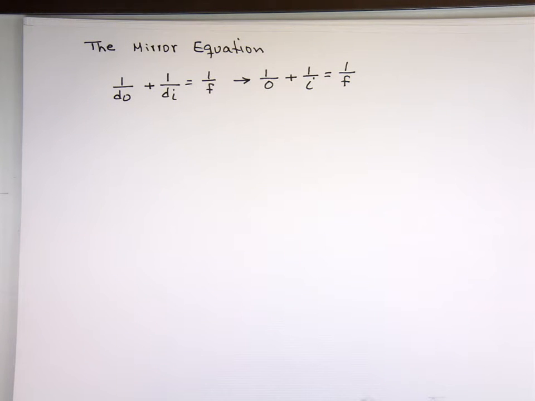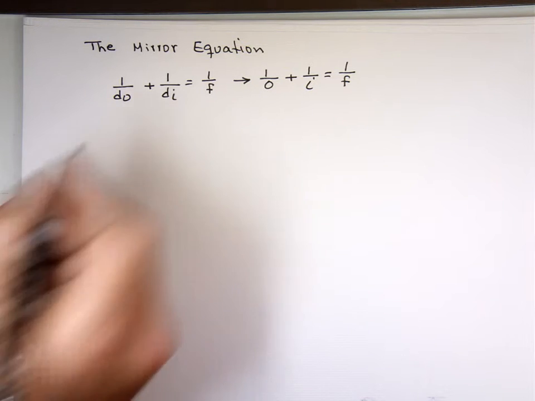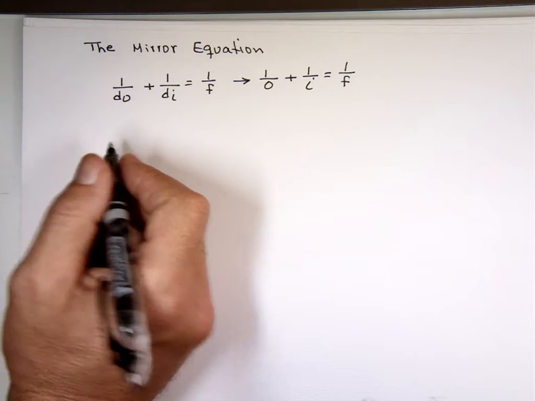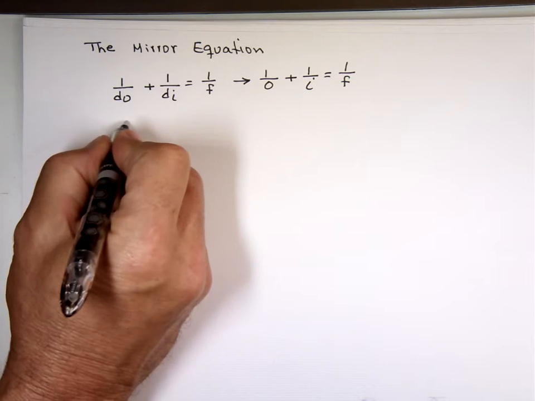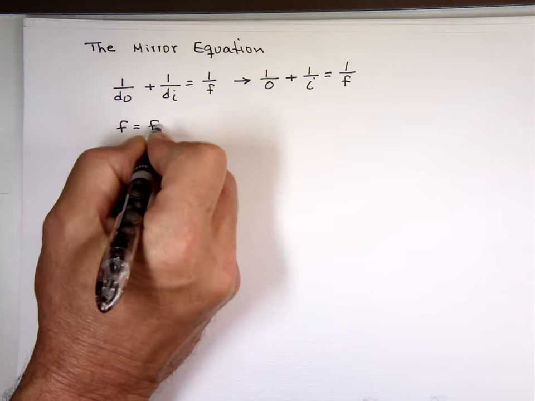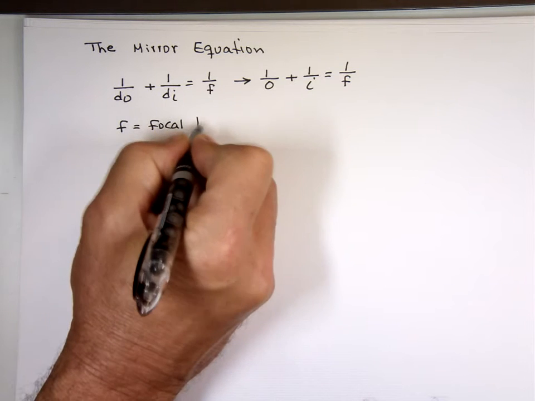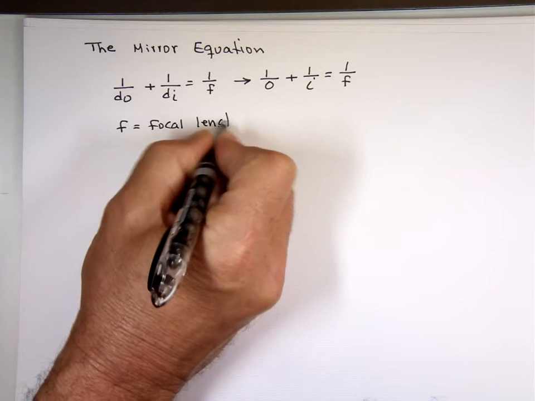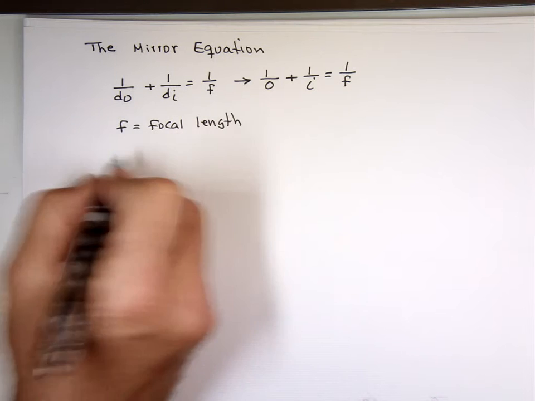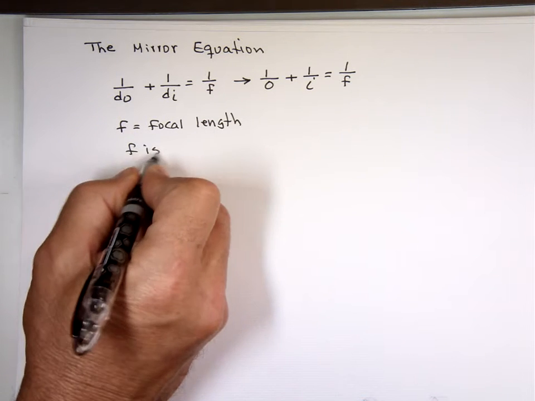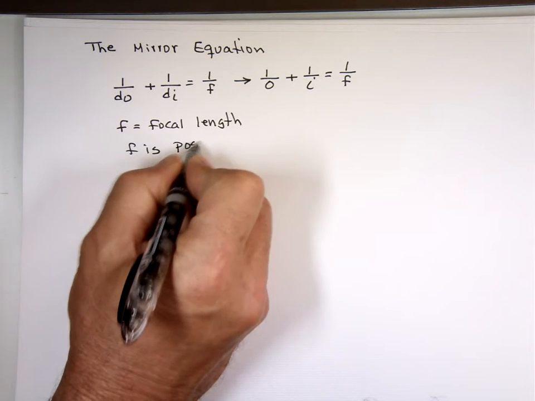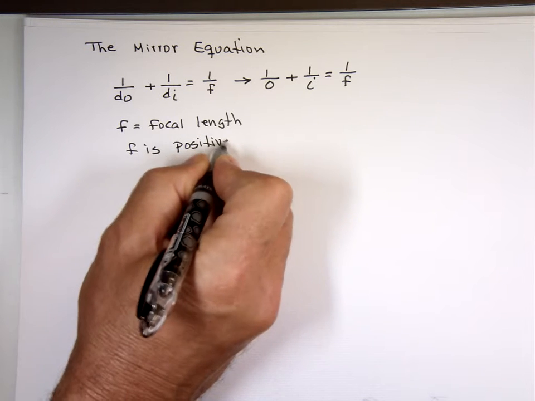Now, before we get to that, let's write a few things. F, the focal length. Now, F is positive for concave mirrors.